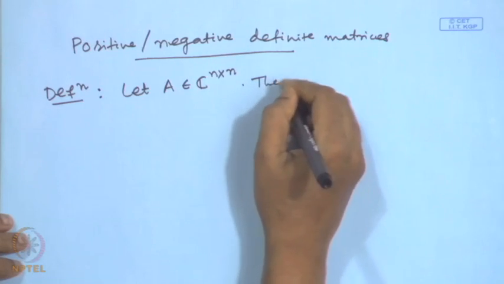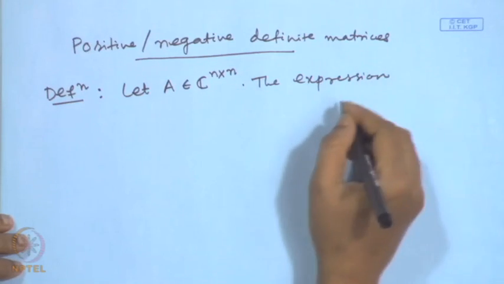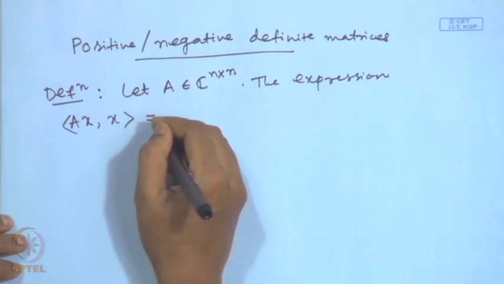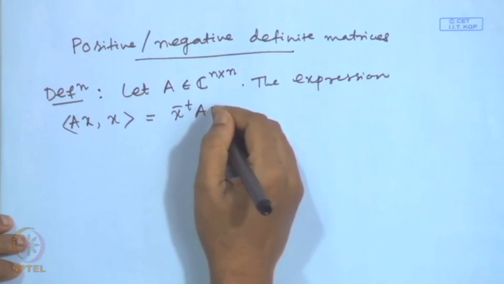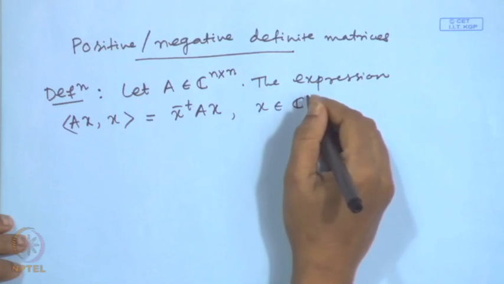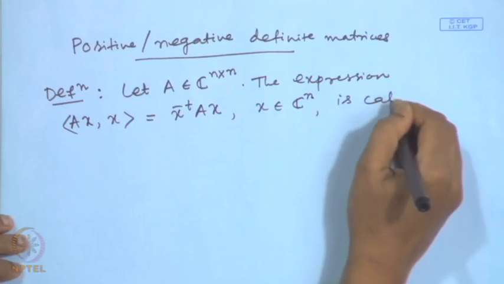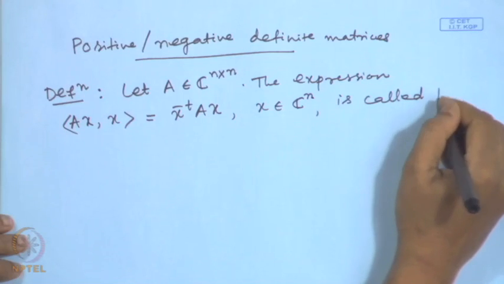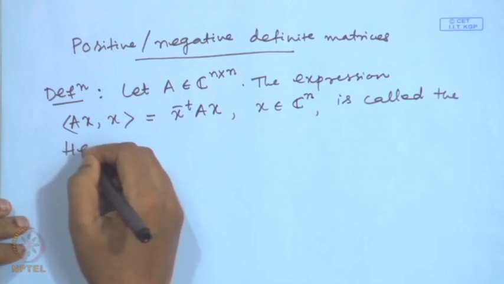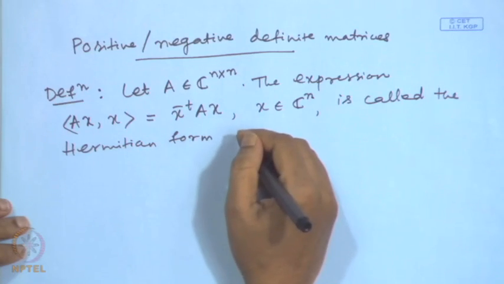Then the expression inner product of A x and x, that is equal to x conjugate transpose A times x, for x belonging to C n, is called the Hermitian form associated with the matrix A.